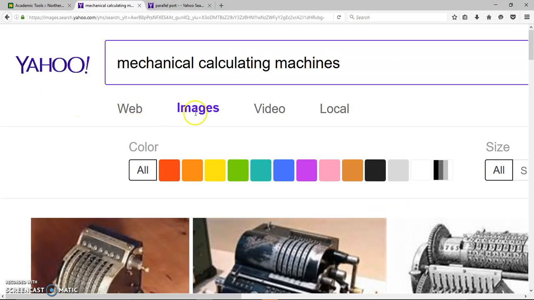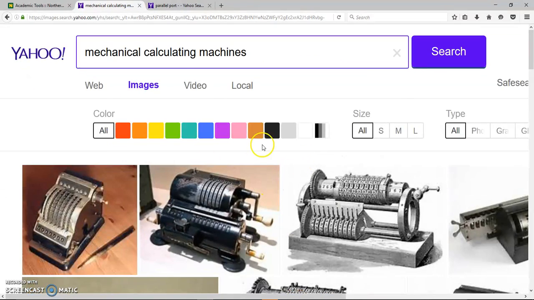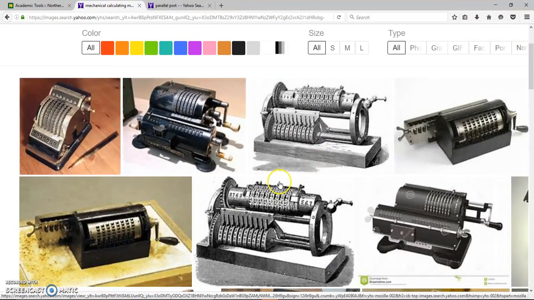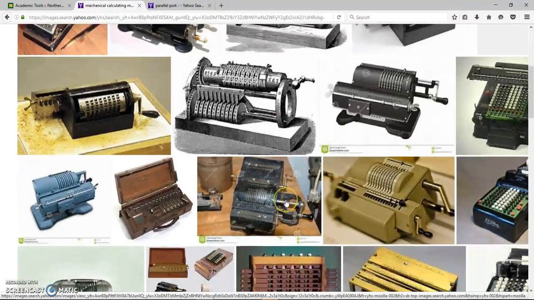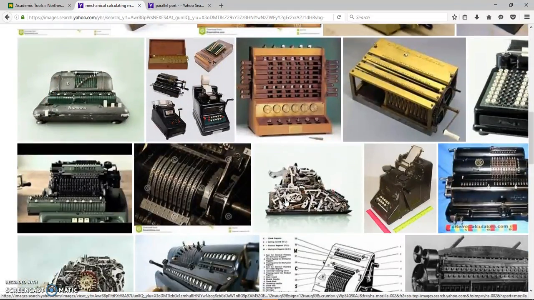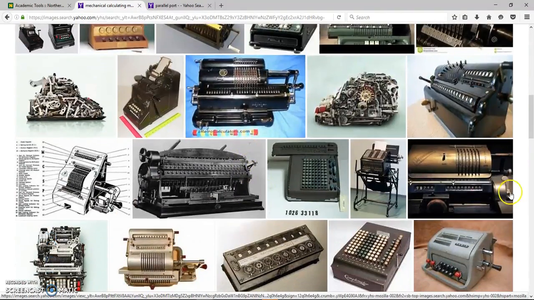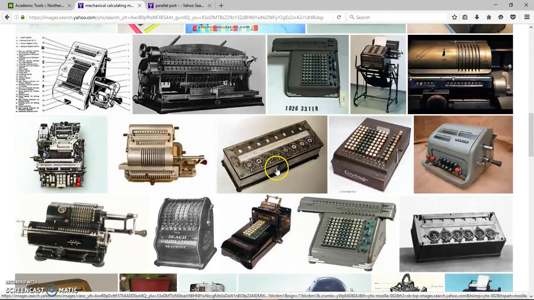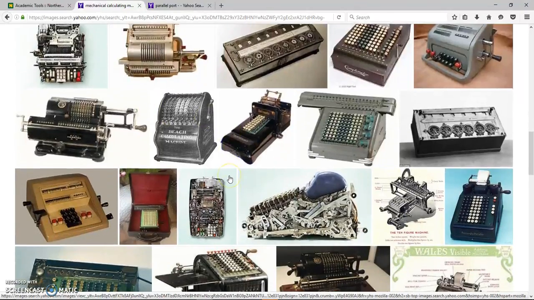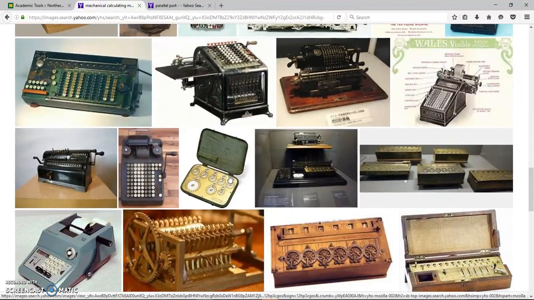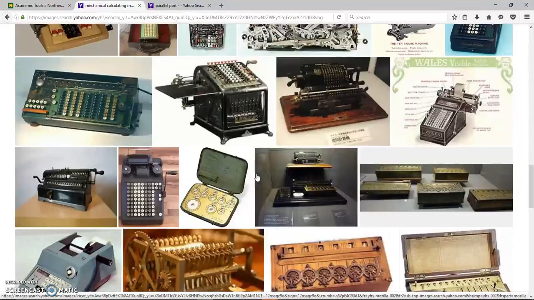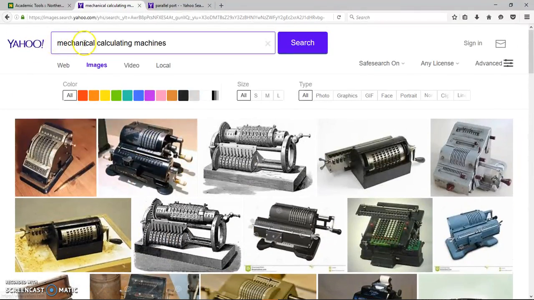Because at that time, that's pretty much the calculators, right? In the early days. And you see they just use gears, right? Because they don't really have the technology that we have today.